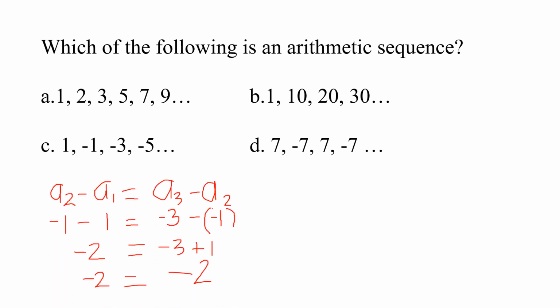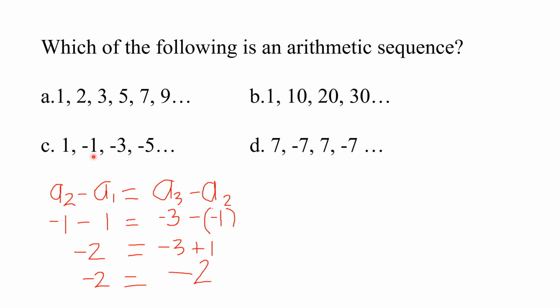By the properties of an arithmetic sequence, if the differences of two consecutive terms are equal, then we can say that the sequence is arithmetic. So a2 minus a1 is equal to a3 minus a2. What is a2 in letter C?